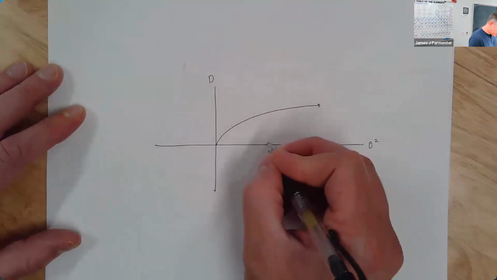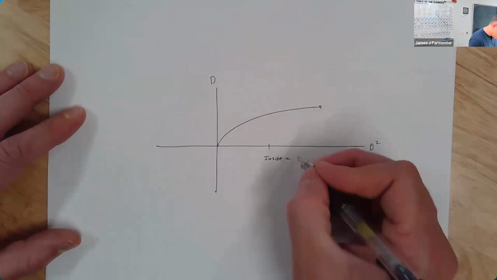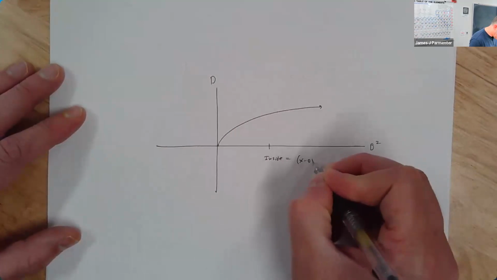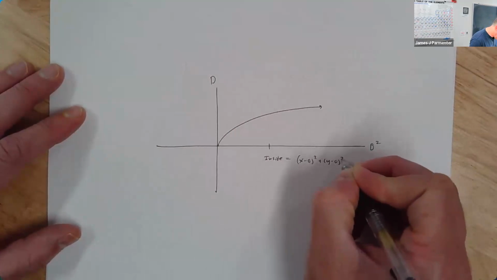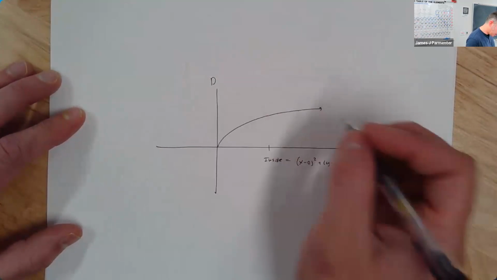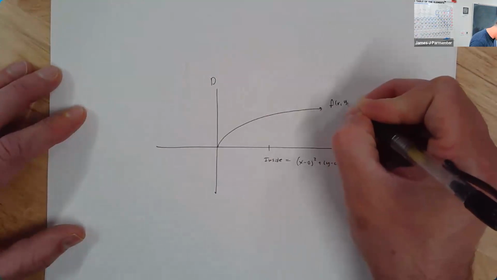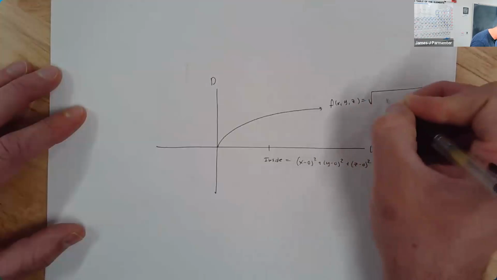So the inside is equal to x minus 0 squared plus y minus 0 squared plus z minus 0 squared. And this function here is the square root of the inside. So here's my f of x, y, z equal to the square root of the inside.